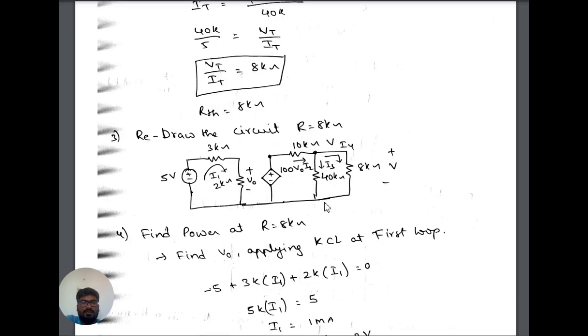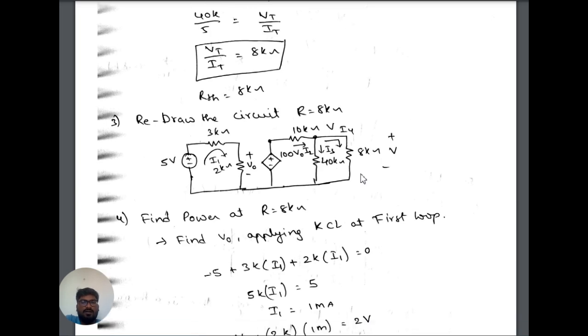Now, to find the maximum power, we place that 8k in our actual circuit and find the power delivered at 8k. Applying a loop first, we find V0, and that V0 we place in this circuit. Using nodal analysis we find the current flowing through 8k, and thereafter I squared R power.